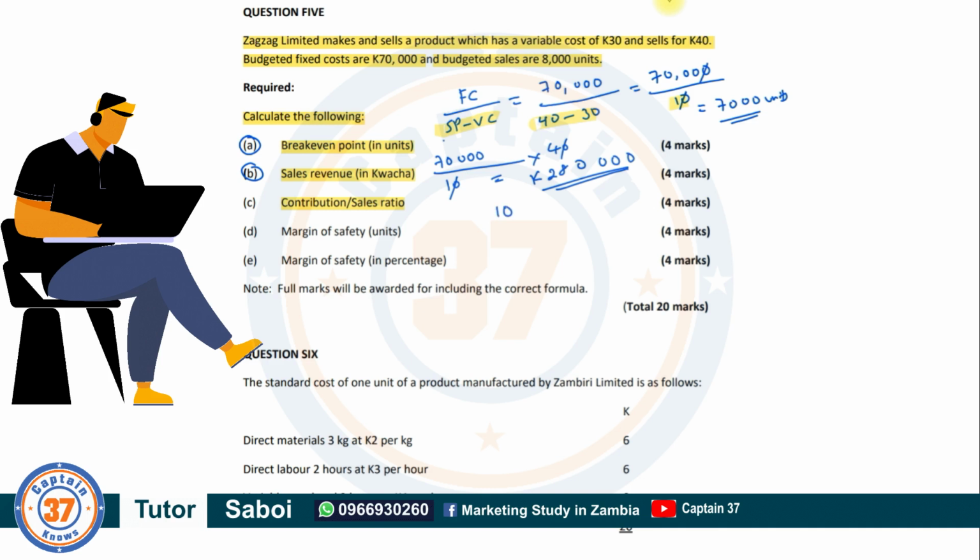This contribution over the selling price, which is 40, multiplied by 100. So that 0 goes with that 0. This is going to give me 10 by 10 is 100. Divide by 4, this is going to give me 25% as the answer for C.